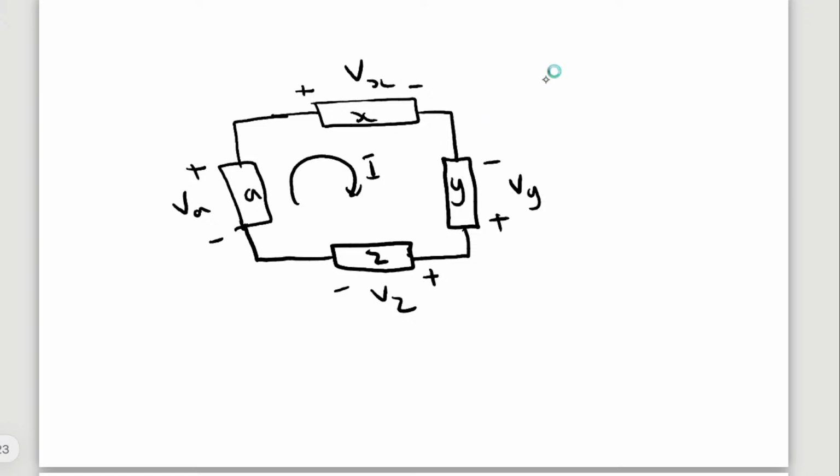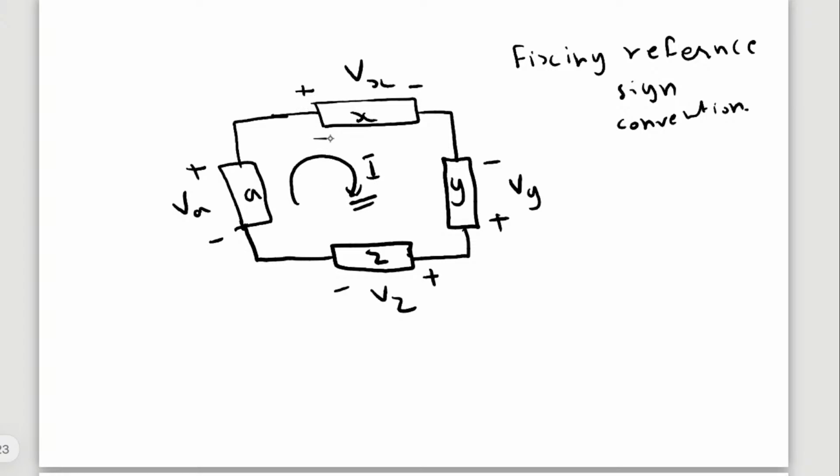So here the first step is fixing the reference sign convention. Here the current direction is like this. Current direction is like this in this loop.